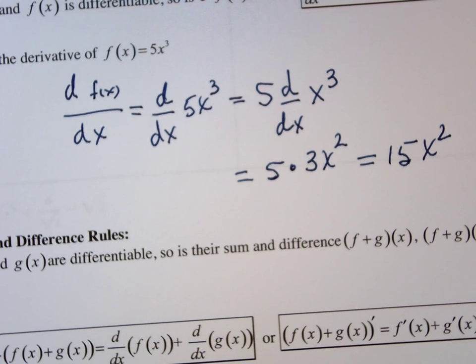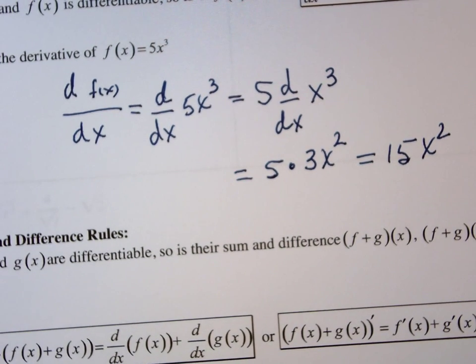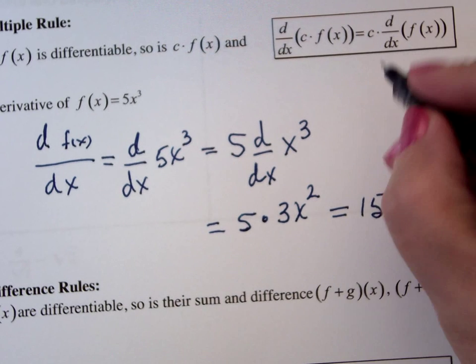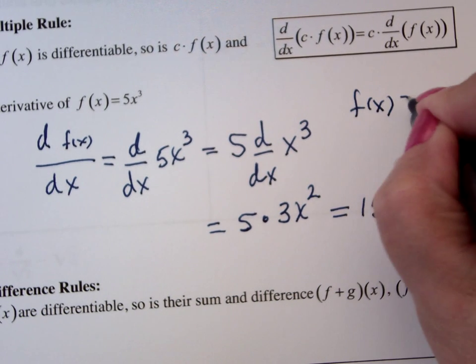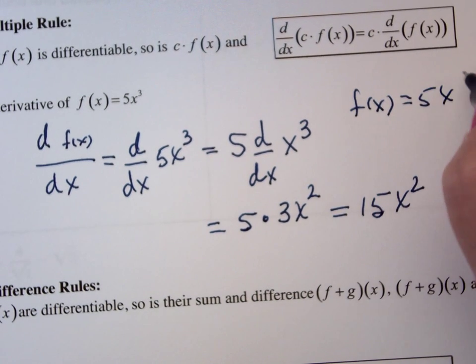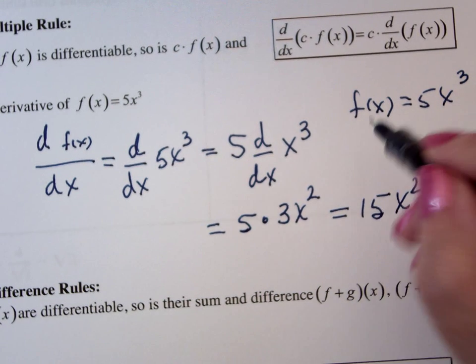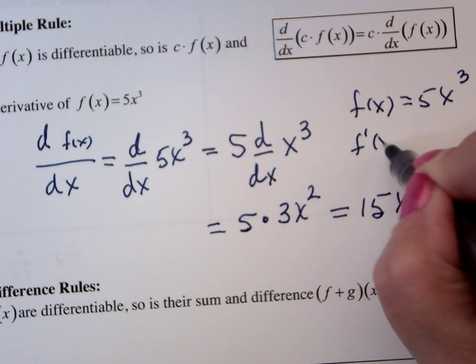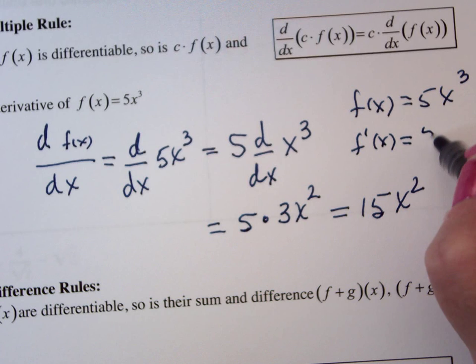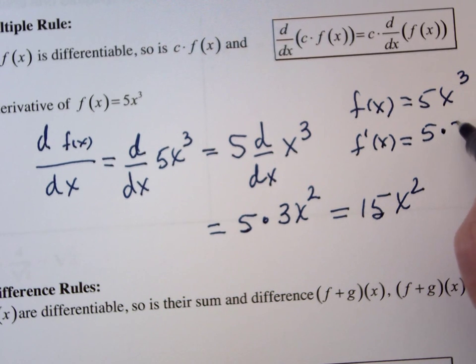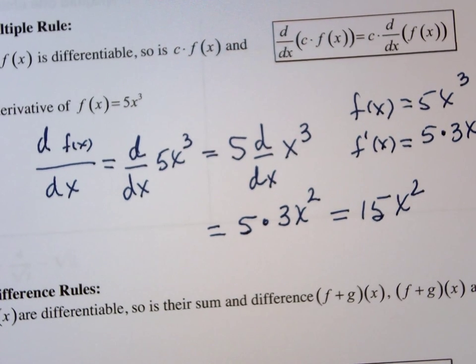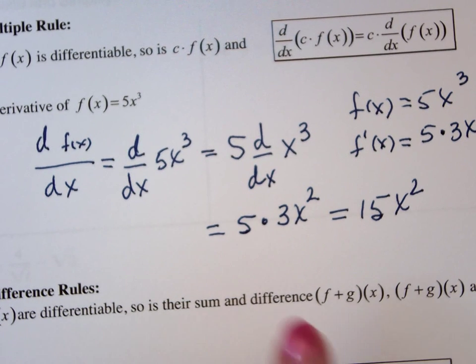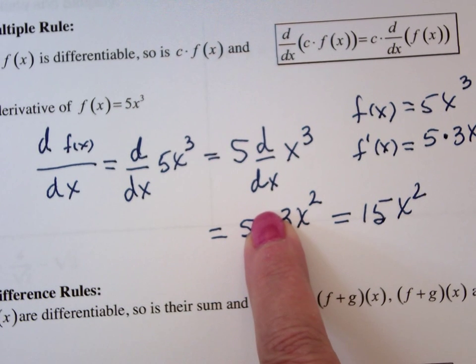Normally, this is what you do. If I want f of x being equal to 5x cubed, then f prime of x is 5 times 3x squared. In other words, you don't break it into the two pieces.